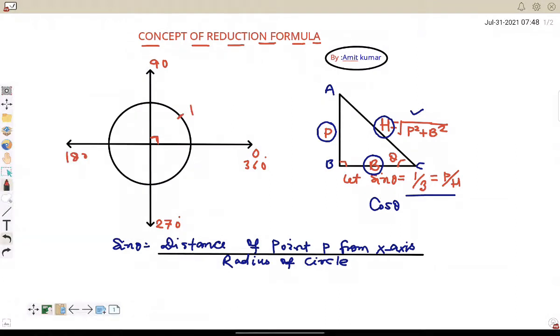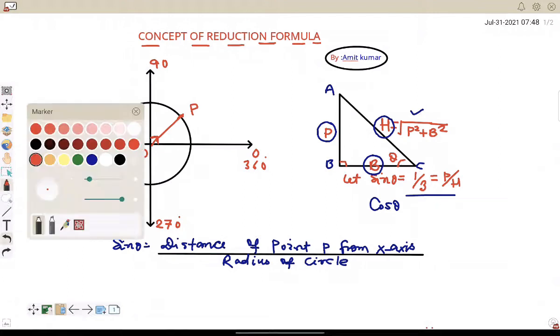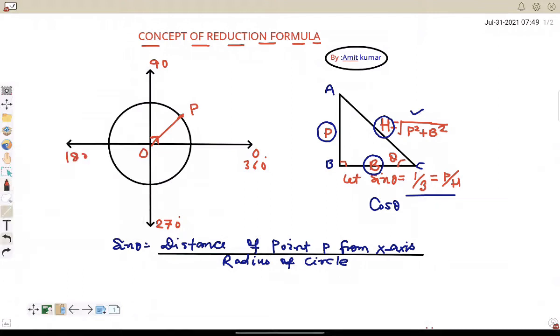If you check from the origin to this point P, we get some distance from the x-axis, and this is the distance from the y-axis. The distance of P from the x-axis means the perpendicular distance.